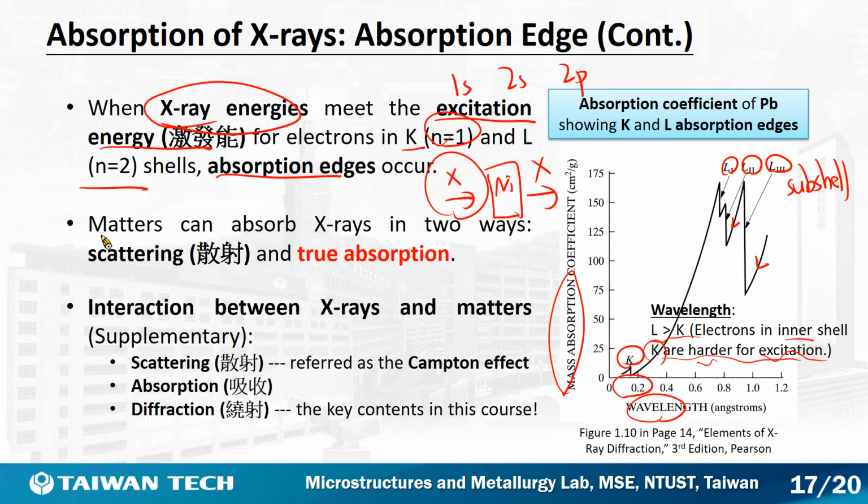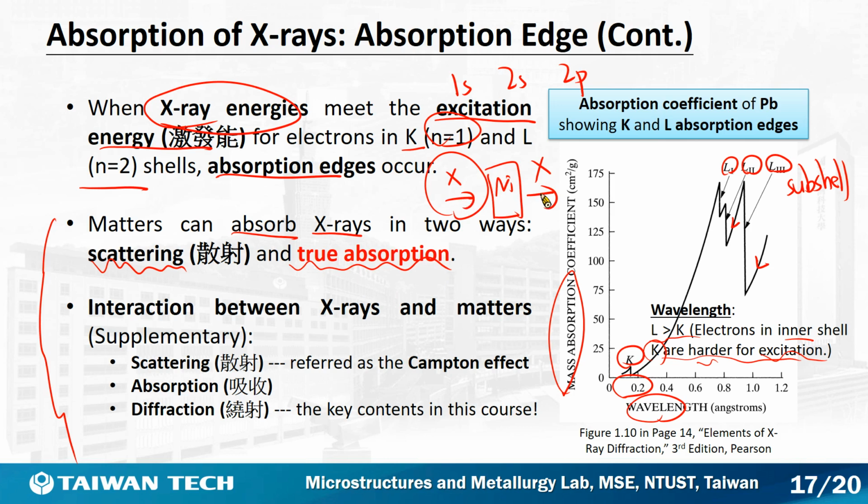And this is just supplementary material to let you know that actually for materials or matter, it can absorb X-ray in two ways. One is called scattering. One is called true absorption. That is what we said here. So these are the two ways that the X-ray go in and out.